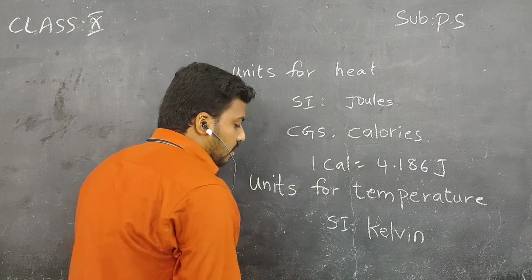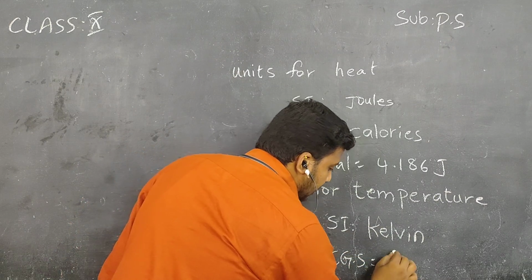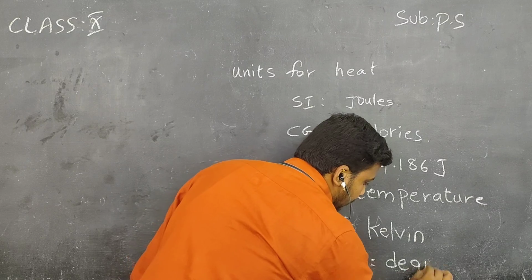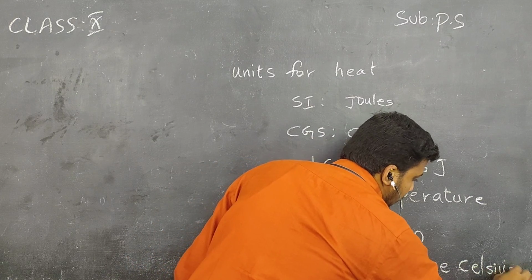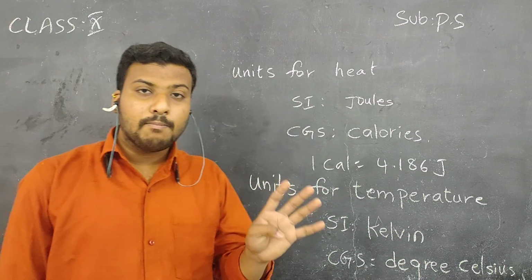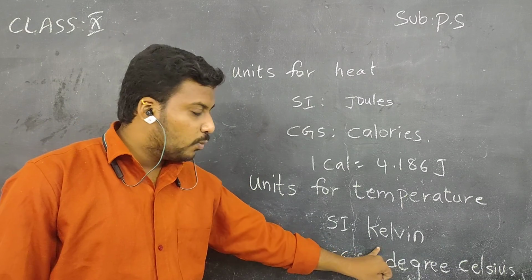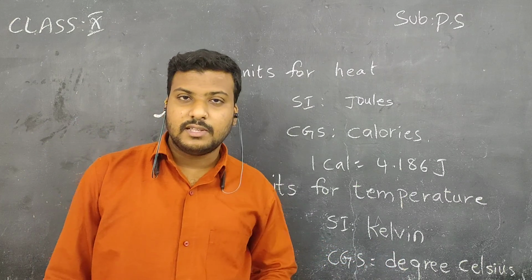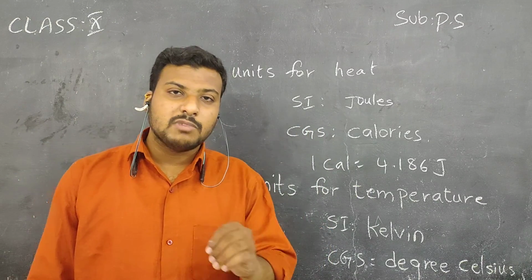In the CGS system, we call it degree Celsius. Actually, there are 4 temperature unit systems, children. Here you can see 2: the first is Kelvin and the second is degree Celsius. The third one is Fahrenheit and the fourth one is Rankine.